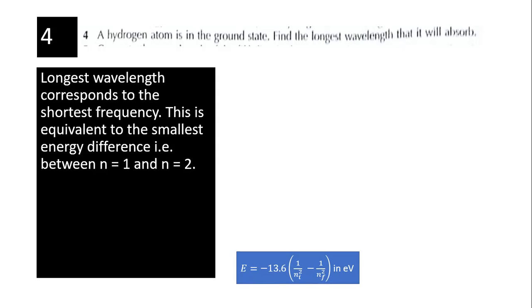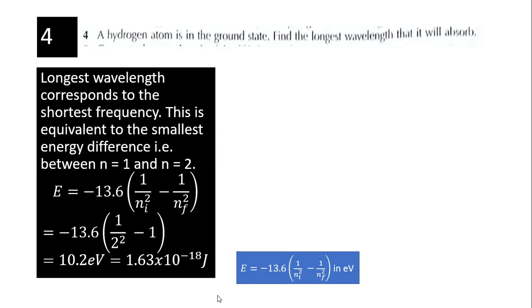So the longest wavelength corresponds to the shortest frequency, which is equivalent to the smallest energy difference. You're just using this formula. The smallest energy difference is from E2 minus E1, this is your 1, the ground state.